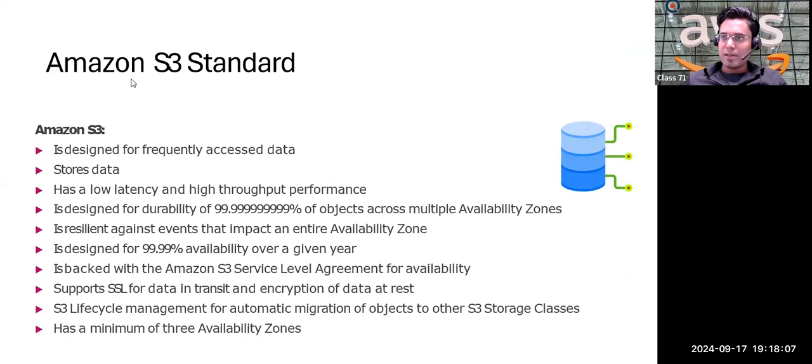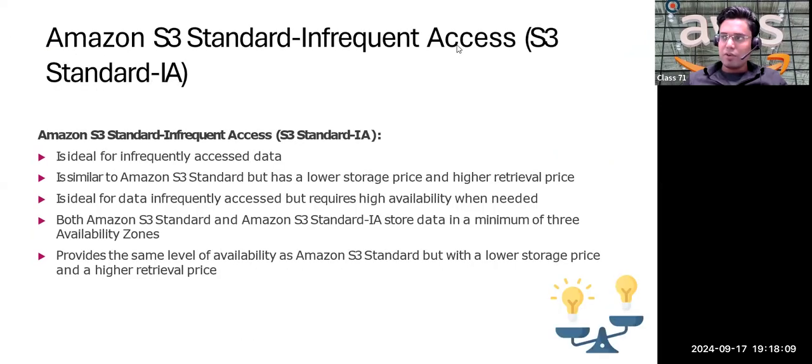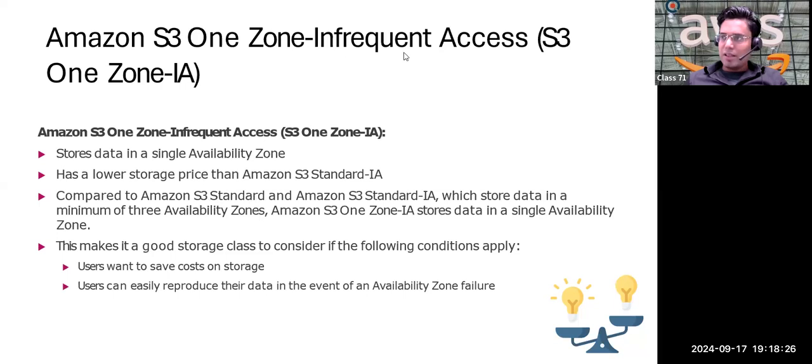That's the reason it's expensive. And this one, infrequent access, IA, is also available in three availability zones, but this is cheaper because it's infrequent access. That's the second cheapest. But if you see here, One Zone infrequent access is the cheapest. Why is it the cheapest? Because it's only available in one zone, not three zones.